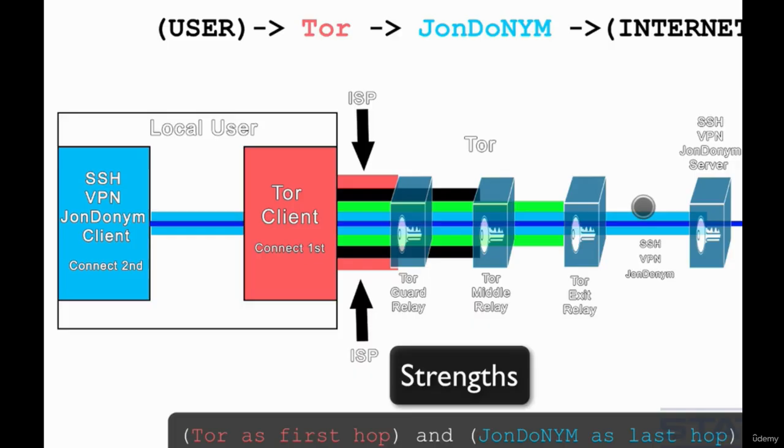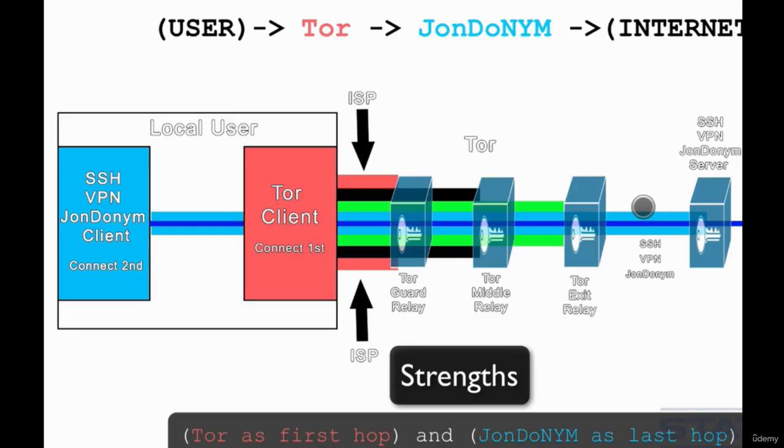And after that, the user goes to SSH, VPN, Jondonym and then Tor and internet .onion, your desired target. So here SSH, VPN and Jondonym are the first hop and Tor is the last hop.